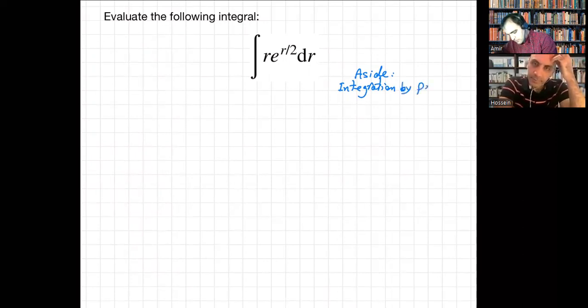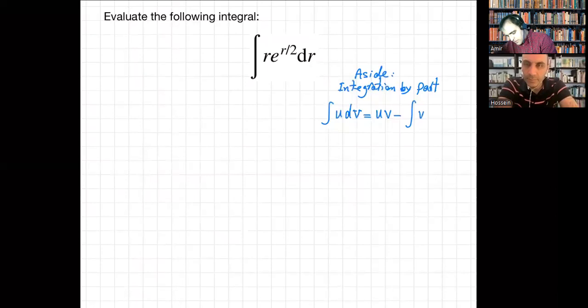So when we have u times dv, integration by parts gives us uv minus integral of v du. Thanks for the reminder.